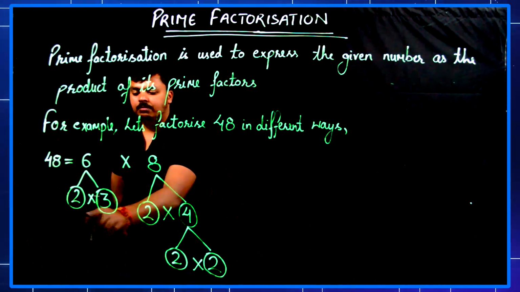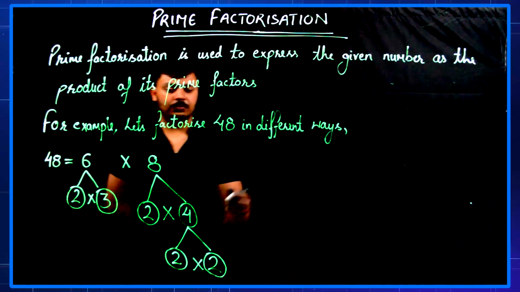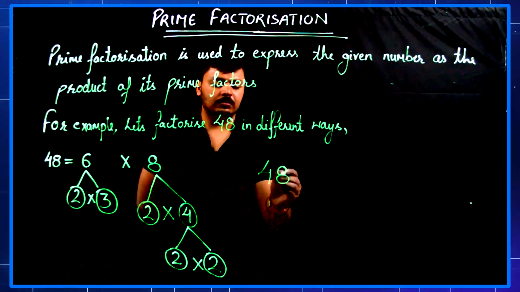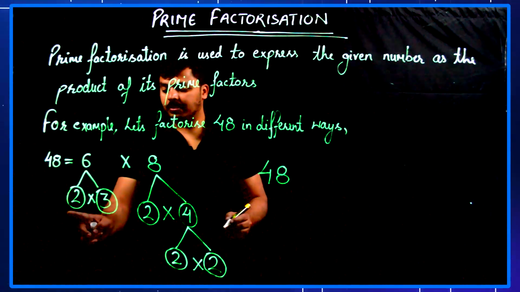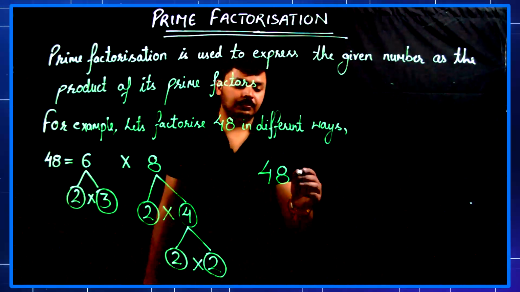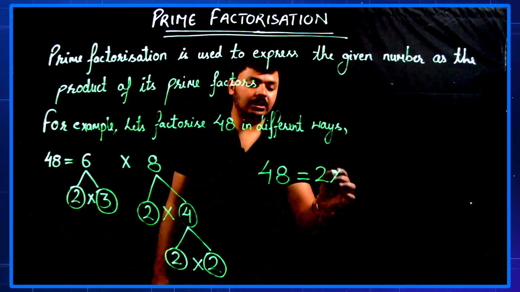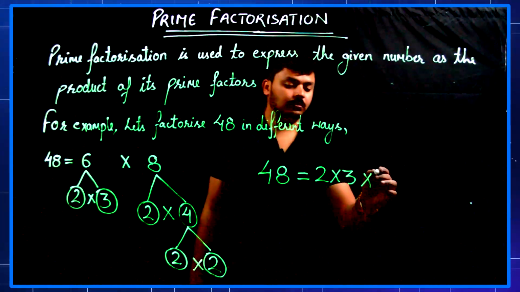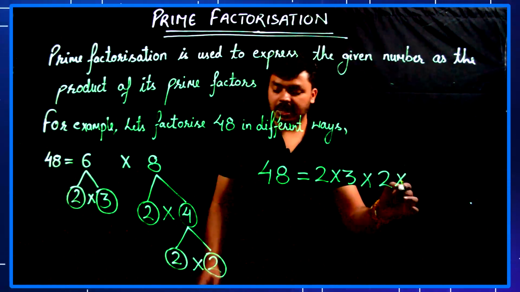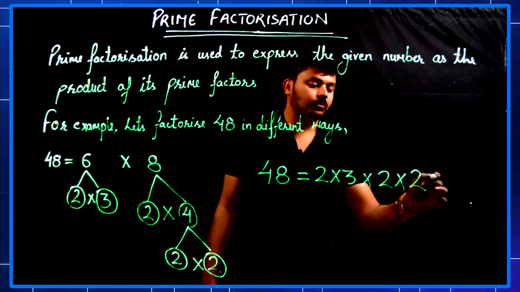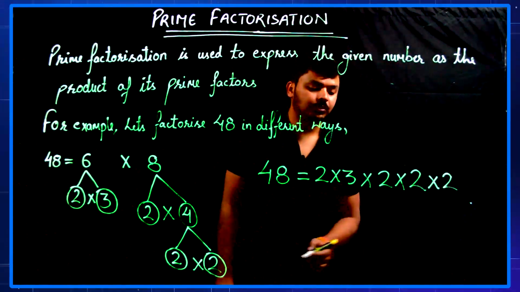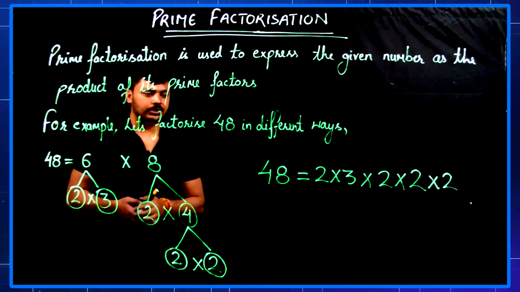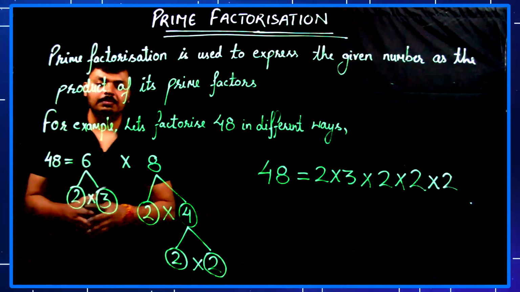Now we take the prime numbers, so we can express 48 as 2 multiplied by 3 multiplied by 2 multiplied by 2 multiplied by 2. So there are different ways to represent a number in prime factorization form, as the product of its prime factors.